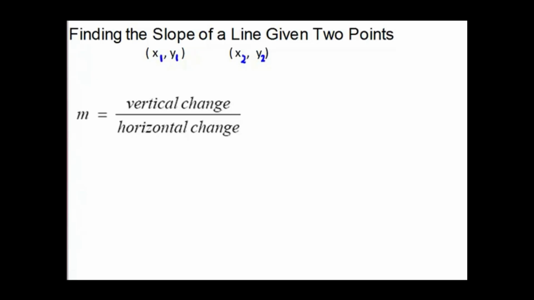So to figure out our vertical change between these 2 points, we could subtract the y's. The horizontal change, the x is the variable that does horizontal movement, and the change would be to subtract them. You need to go in the same direction as you did for the y's. So if we did y2 first, we have to do x2 first.